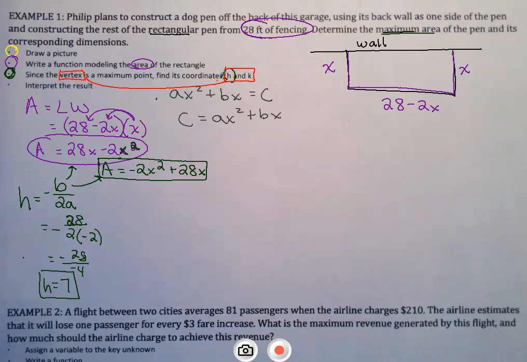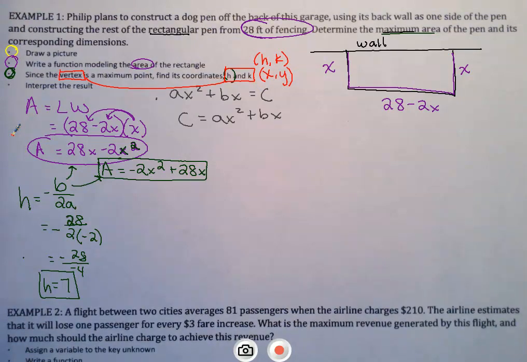H and k make a vertex, like an ordered pair. Okay, h and k are the ordered pair of the vertex. So it's h comma k, right? Well, what are the variables that we use for an ordered pair in a linear equation? X, Y. They're actually the exact same.